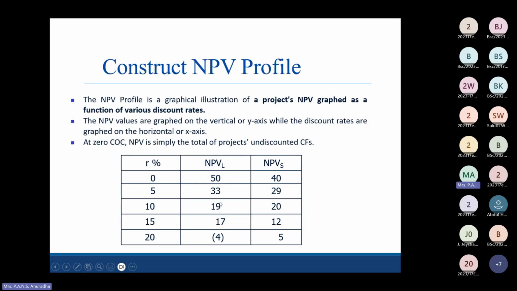If you draw the NPV profiles, you can see the NPV profile for project L at different cost of capital rates, 5%, 10%, 15%, 20%. As the cost of capital changes, you calculate the NPV. For project S also, you have calculated NPV at the different cost of capital levels. This is its NPV profile.